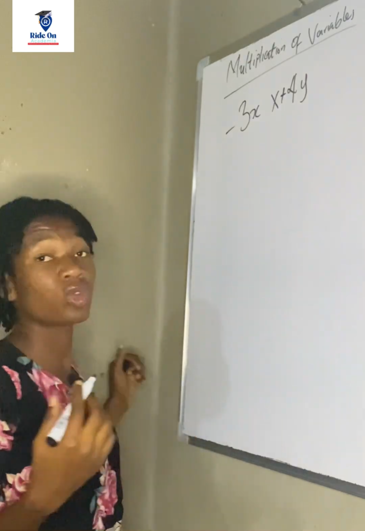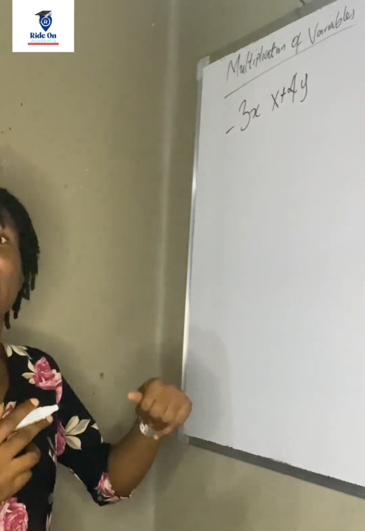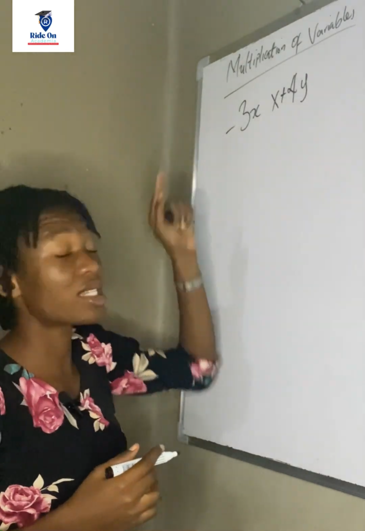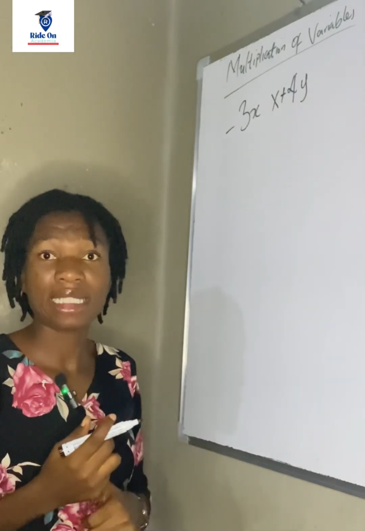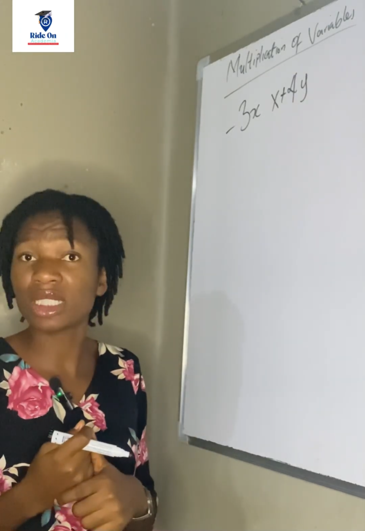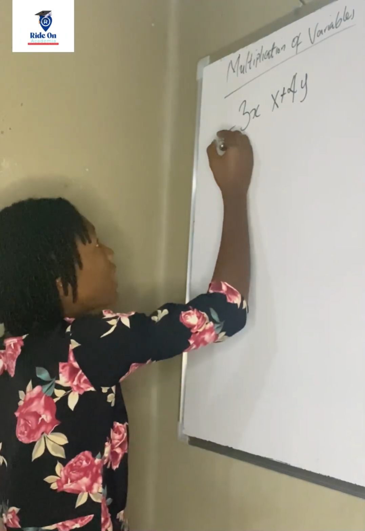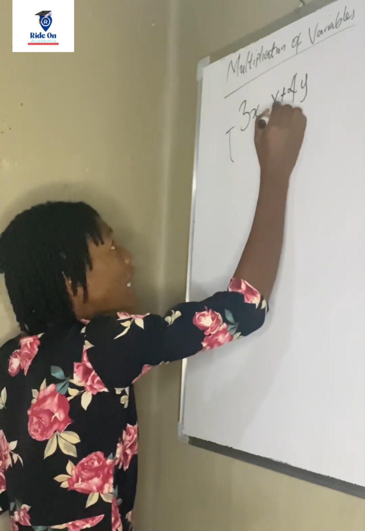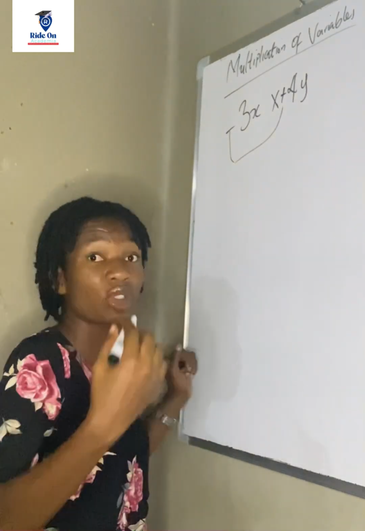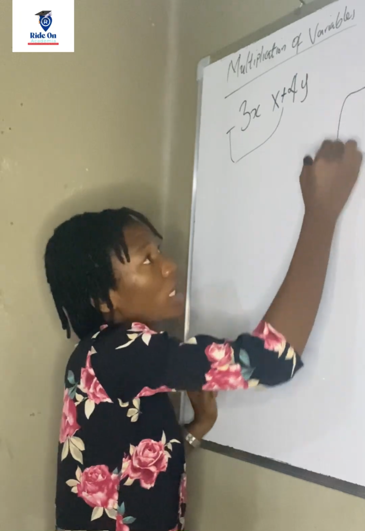Okay, there are rules for multiplication. The multiplication starts with the sign. Start with the sign, then the numbers, and then the variables itself. So we have to look at the sign. There is a rule that applies for sign multiplication. Let me do 2 by 2 sign.